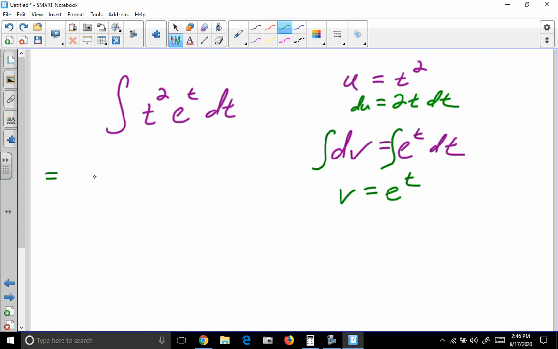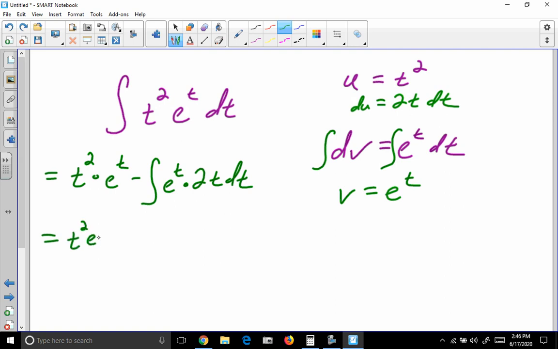So the answer would be uv minus the integral of v times du. We would have t squared e to the t. We could pull a 2 out front. And then to integrate this, we would have to do this integral by parts again.